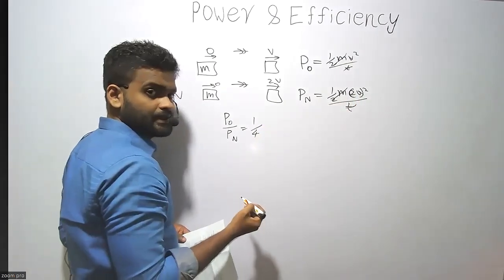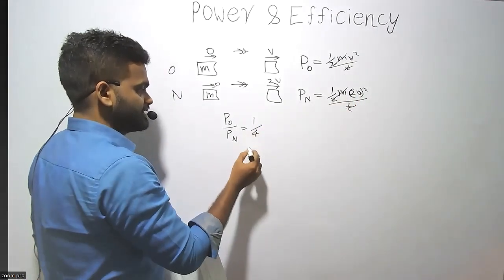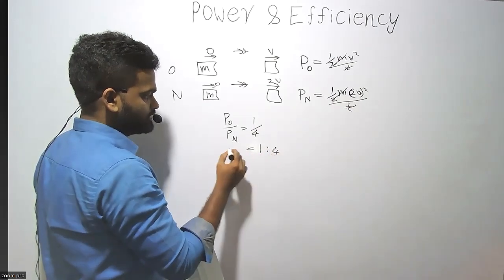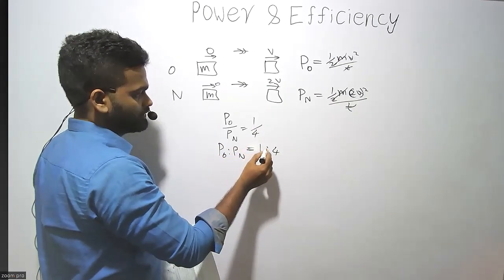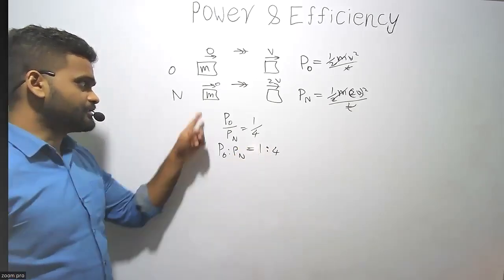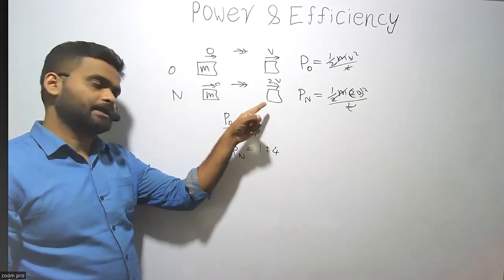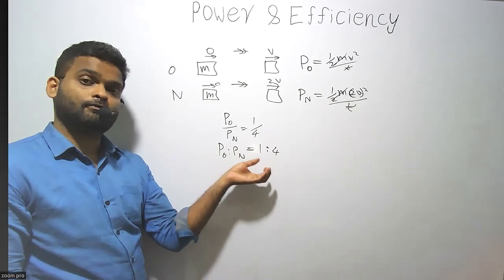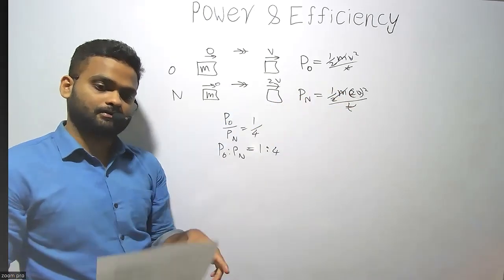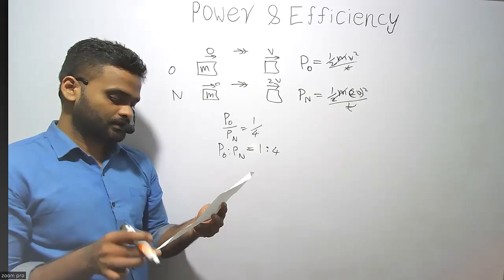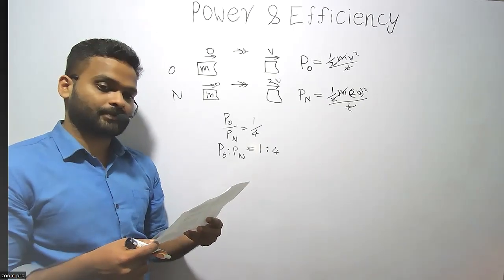That is the only thing that remains. So this is the ratio. So it is 1:4, P old to P new. The speed is doubled in the second case, but power is 4 times, right? Because that speed got squared. Got it? That speed got squared.